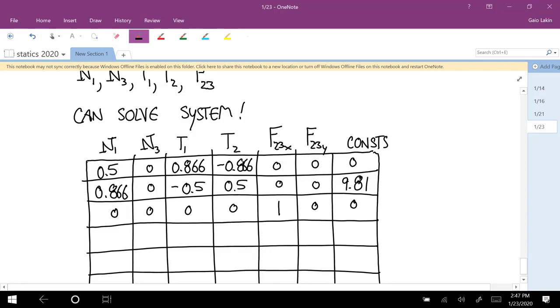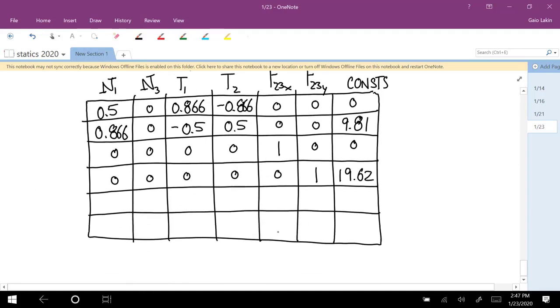And then equation 4, F23y is 1. The constant is positive 19.62. And everything else is 0. Equation 5, N3 is 0.5.